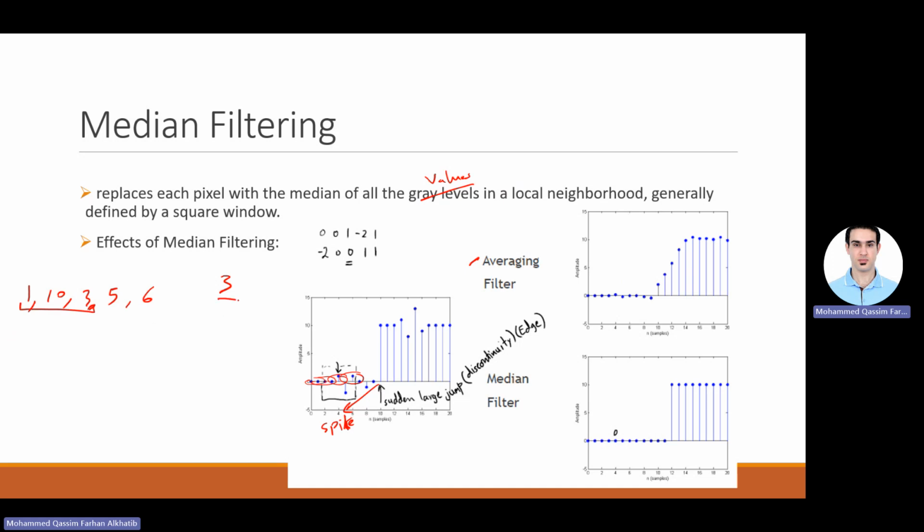That's what we mean by the length of the filter is 3. You sort them, so you have 1, 3, and 10, and then you take the point in the middle. So the median of those is just 3. Then the second window will be those 3 samples, 3, 5, 10. You take the one in the middle, so that is a 5. Then you take these 3 samples, sort 3, 5, 6. You take the median, it is 5.